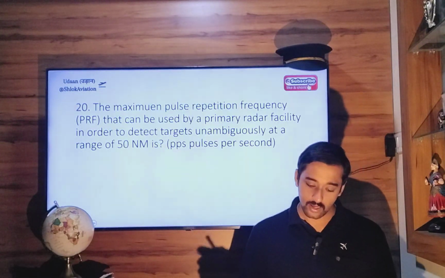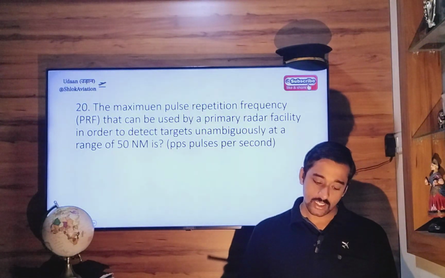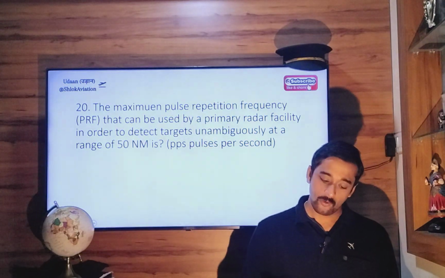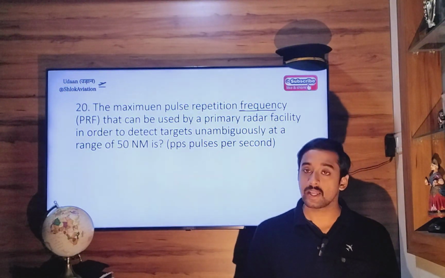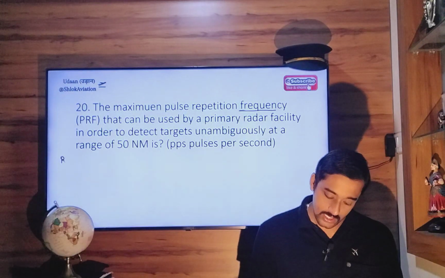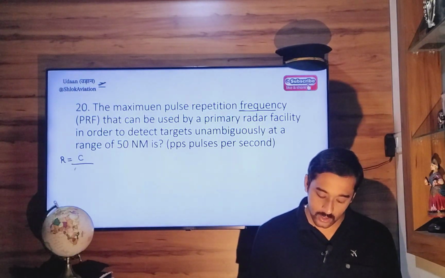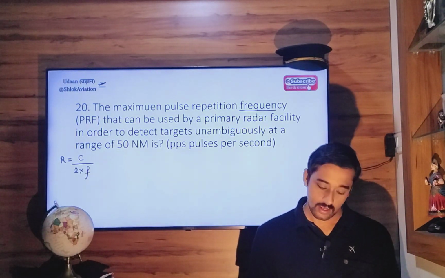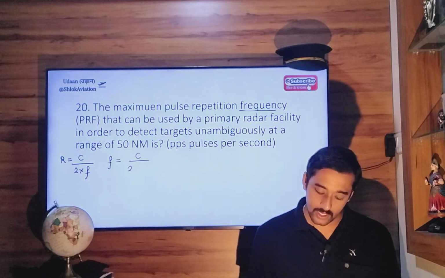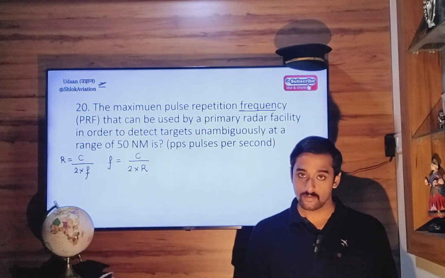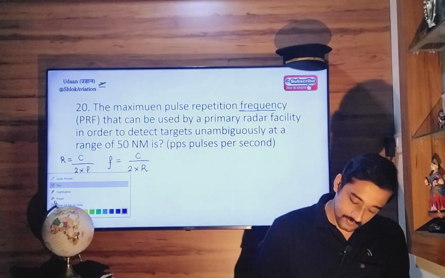Next, question number 20. Range is given to you. You have to find out pulse repetition frequency if the range is 50 nautical miles. So range is equal to speed of light divided by 2 into frequency. Now frequency is equal to C divided by 2 into range. Everything in SI units.